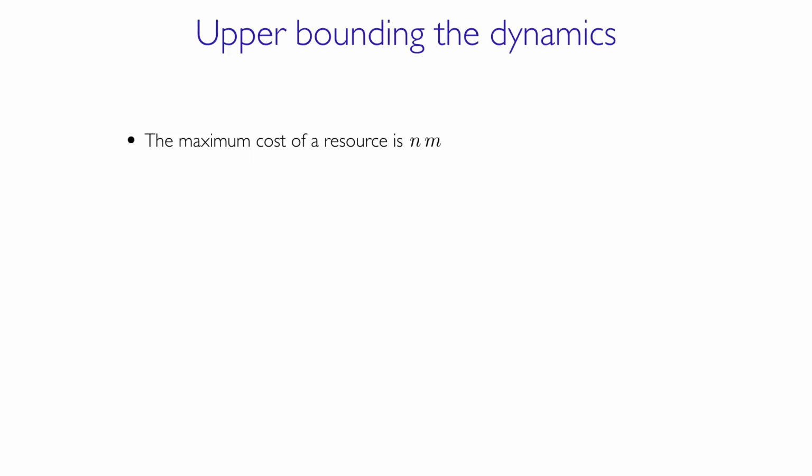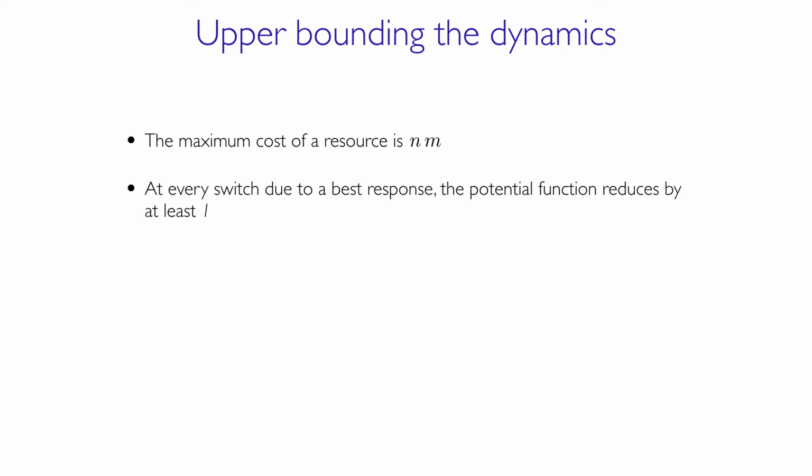Now we can bound the best response dynamics in singleton congestion games. We know that the costs are upper bounded by n multiplied by m. We know by construction that at each switch due to a best response, the potential function reduces by at least 1.